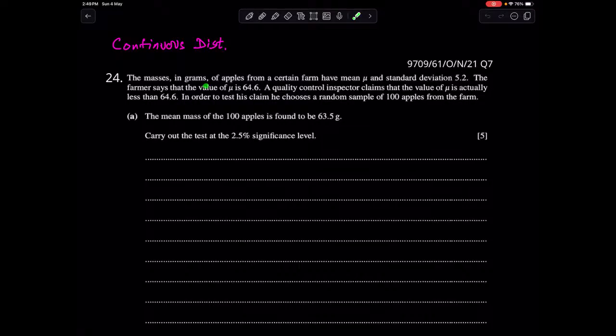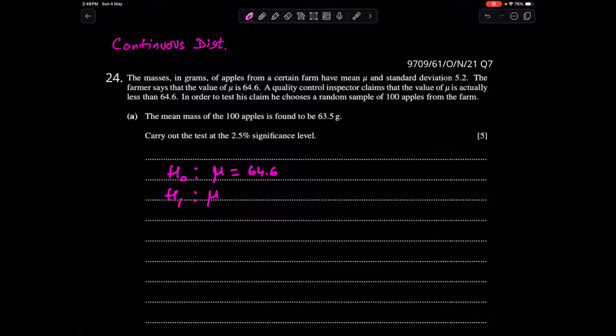The masses in grams of apples from a certain farm have mean mu and standard deviation 5.2. The farmer says that the value of mu is 64.6. So H naught is mu equals 64.6.